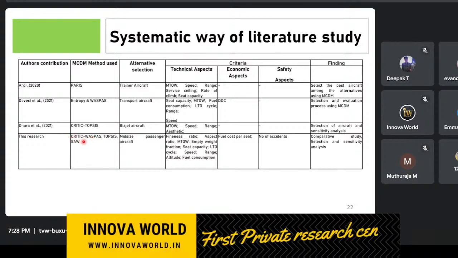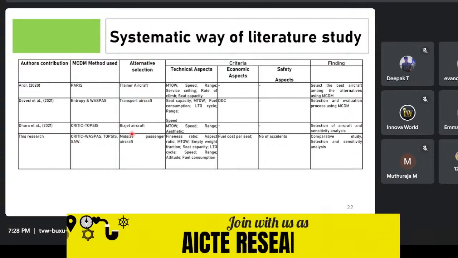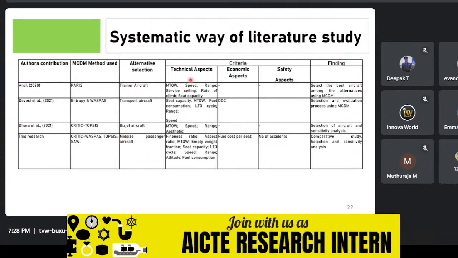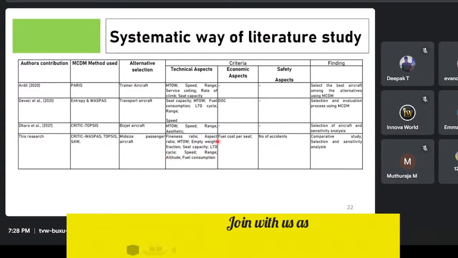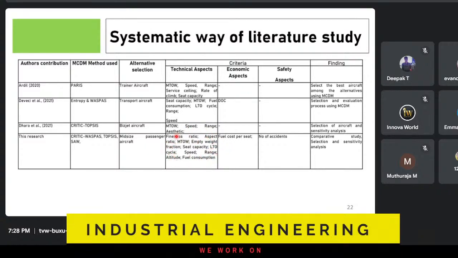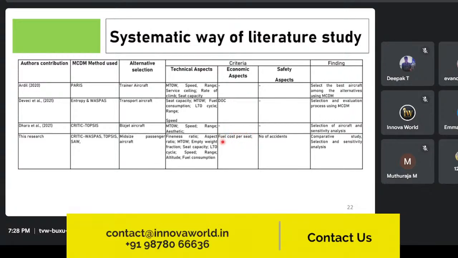In this particular research, they worked on a hybrid method, CRITIC plus this and another technique also incorporated. Which aircraft, which size, different technical aspects, what different parameters were incorporated, including fuel cost per seat, number of accidents.